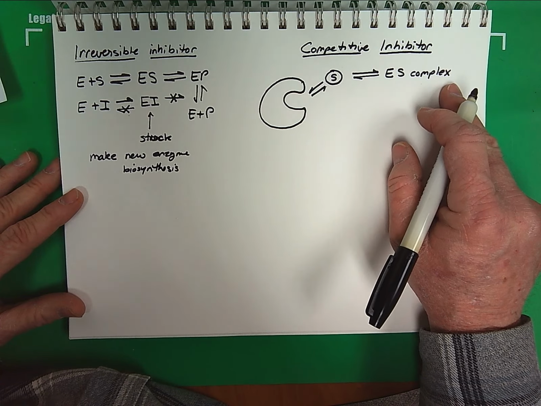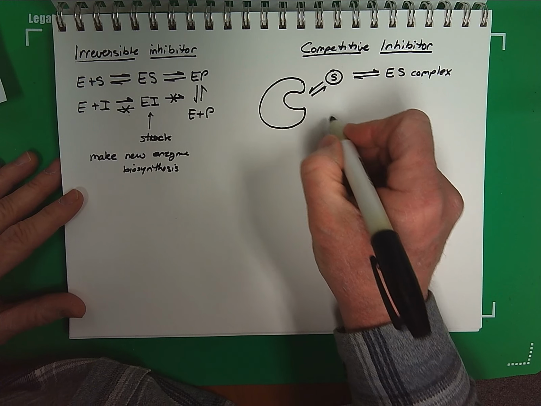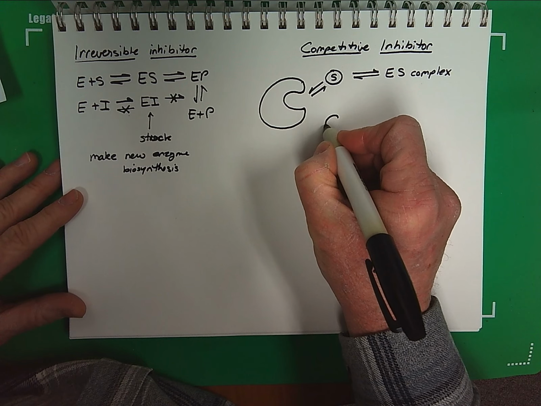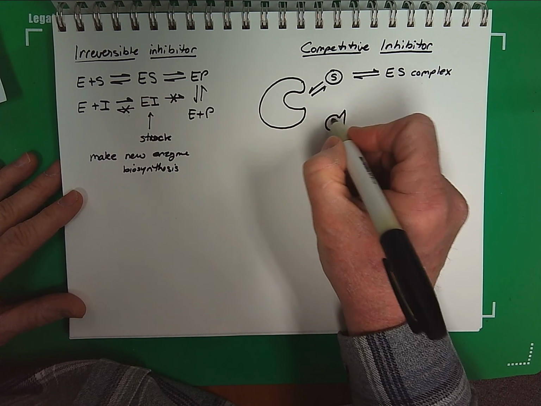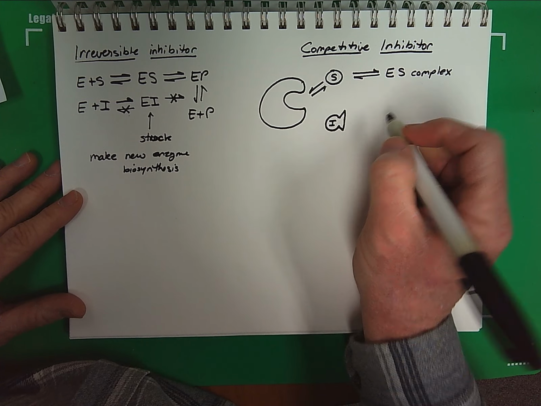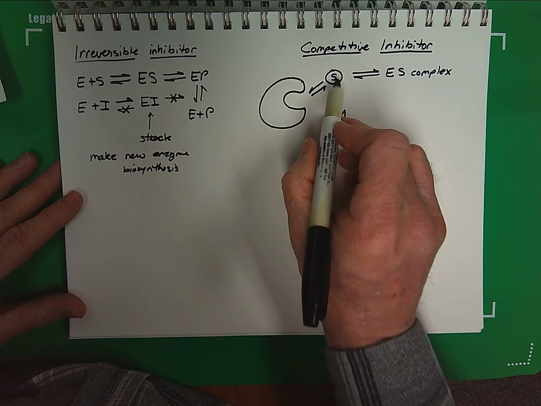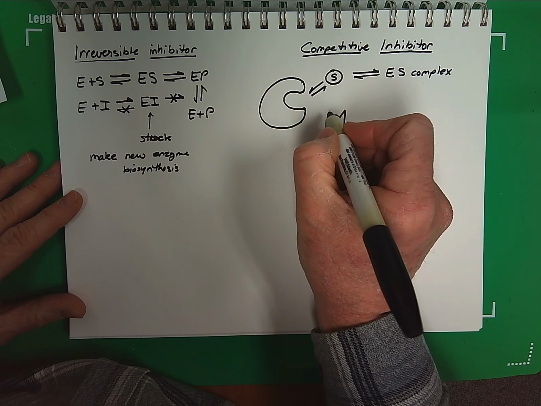What a competitive inhibitor is, it's an entity that is going to compete with the substrate, because the shape of the inhibitor is the same as the shape of the substrate.